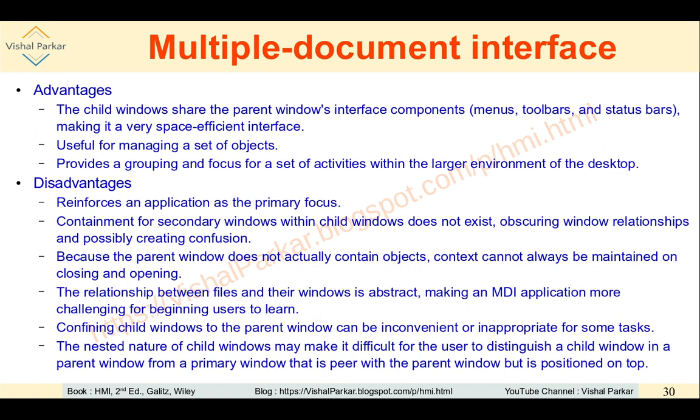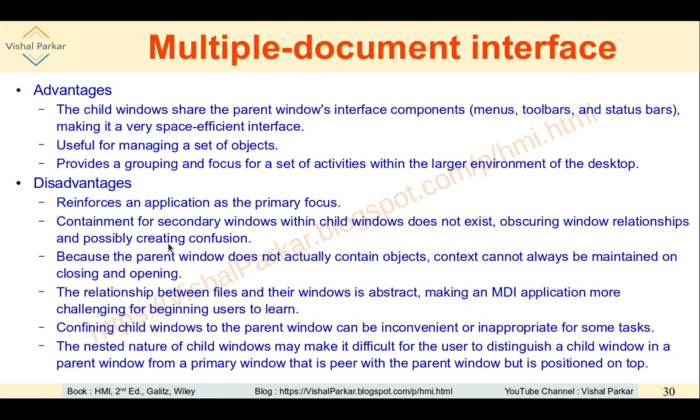Now the disadvantages. This reinforces an application as the primary focus. We are always concentrating on one single application at a time, where the different child windows may be open. Containment for secondary windows within the child windows does not exist, obscuring the window relationship, which may create confusion as well. So the containment relation is not obvious.